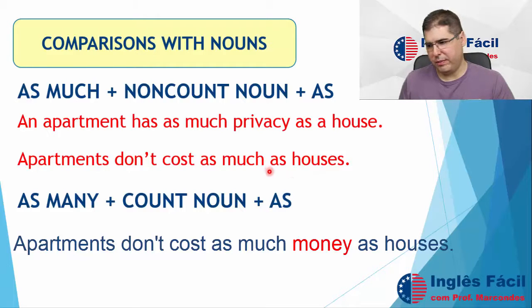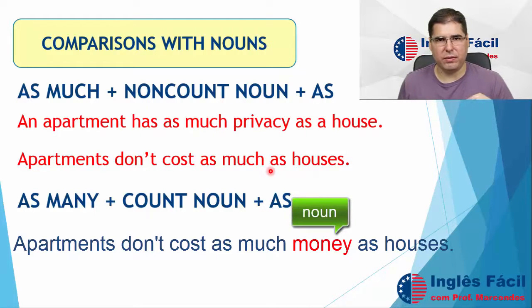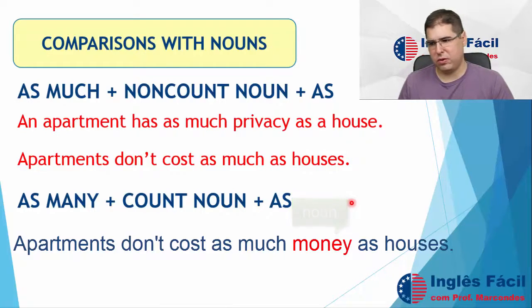So the noun here would be money, but it's missing because it's normal to omit this noun, okay? But the structure is the same. We have to do the structure as if we had the noun here, okay? So apartments don't cost as much as houses. Apartments don't cost as much money as houses, okay?